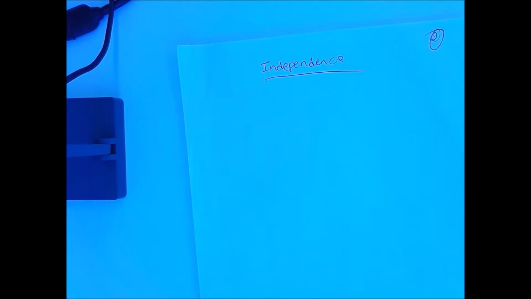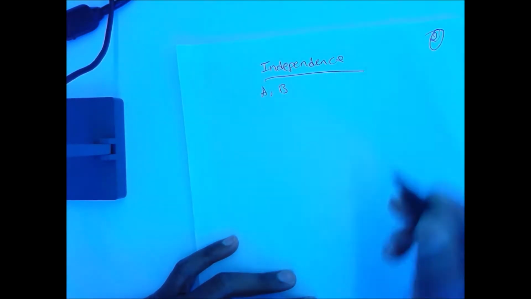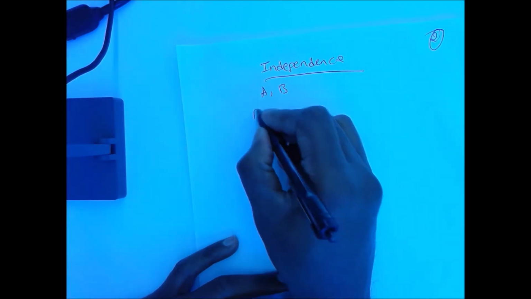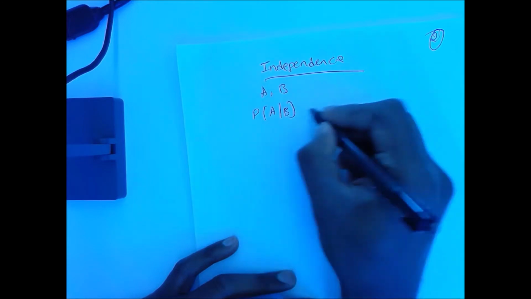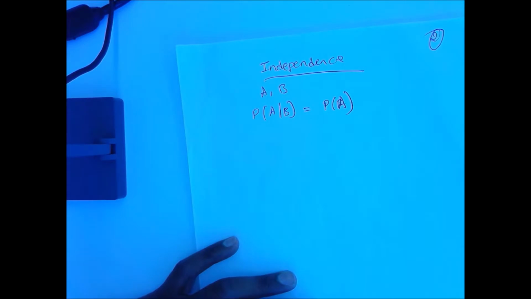But anyway, the definition of independence is actually pretty straightforward. If we have two events A and B, then we will say that A is independent of B if probability of A given B is equal to probability of A. That means if I tell you B happened, that gives you no information about A. Your estimation of A happening is completely unchanged by your knowing that B happened.